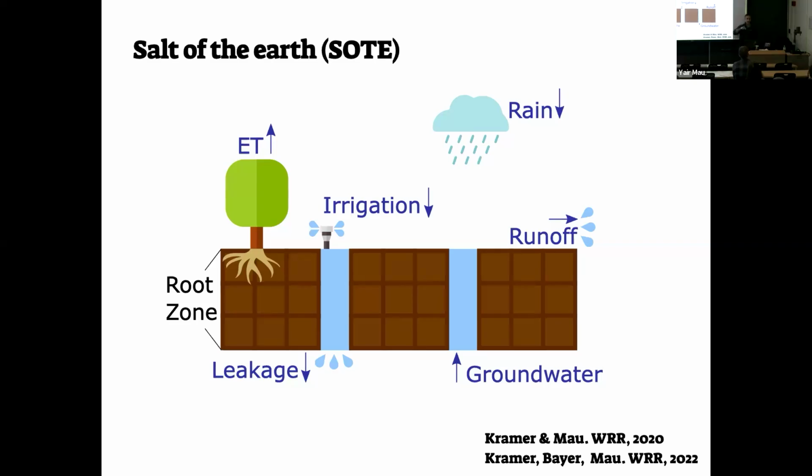And instead of being a fixed number, it is itself a function of the other variables of the system, which would be the total salinity and the fraction of sodium in the exchange complex.